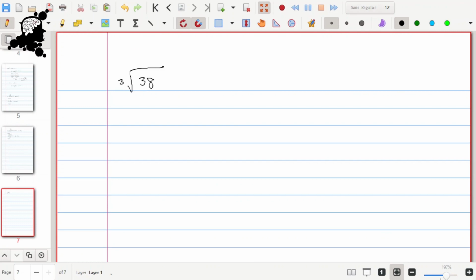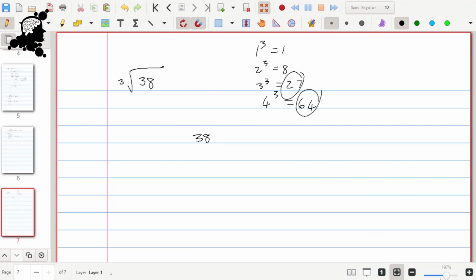My perfect cubes: 1 cubed is 1, 2 cubed is 8, 3 cubed is 27, 4 cubed is 64. This should be enough. Notice 38 is between which two perfect cubes?